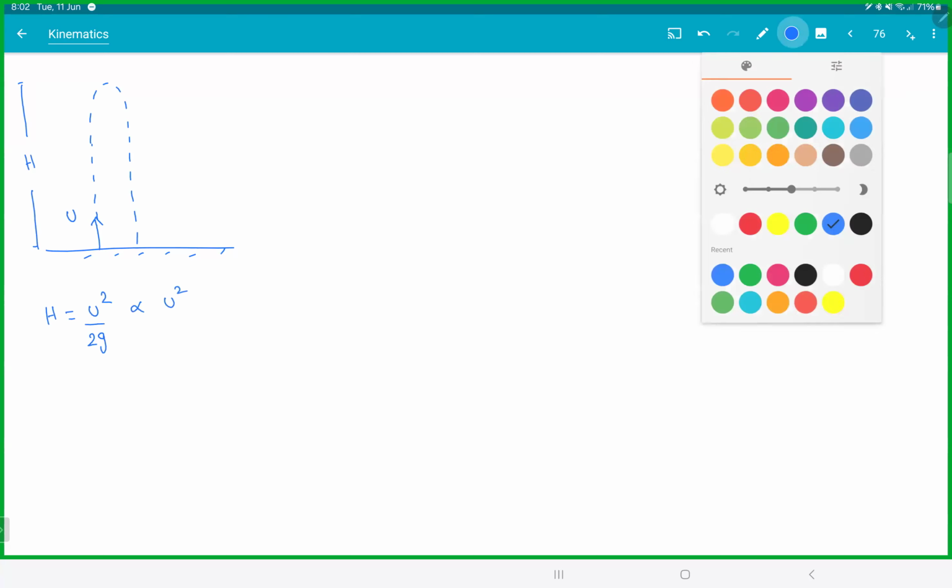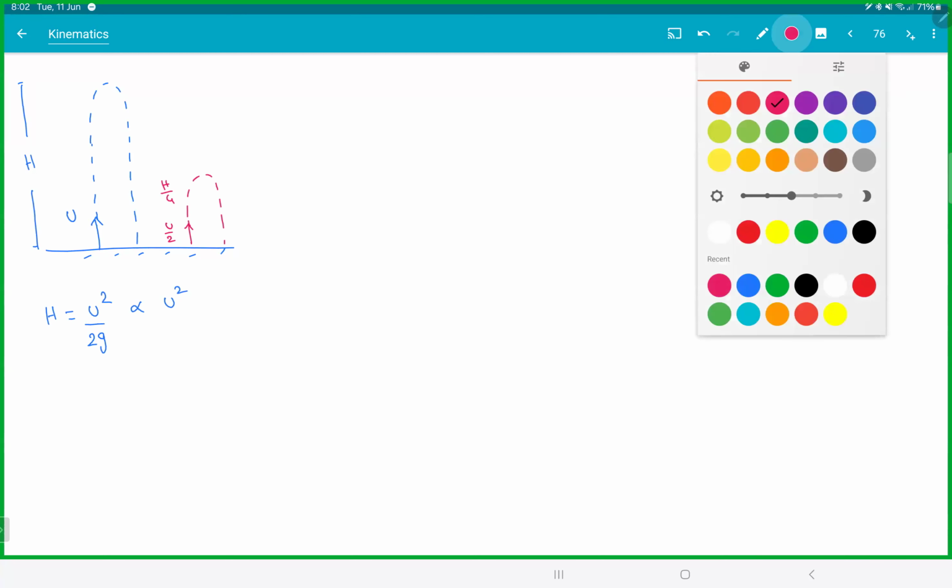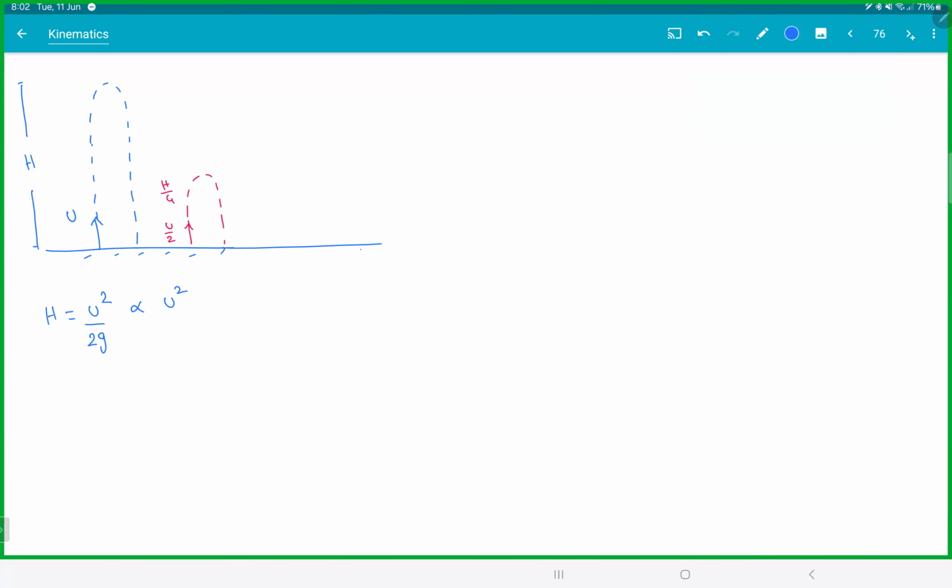It's a square function. So the second time, when the speed becomes u by 2, you go up and come down, but the distance is only h by 4. The third time, when your speed becomes u by 4, your distance becomes h by 16. Is that making sense? So it's just a u square function, so your distance every time becomes 1/4.